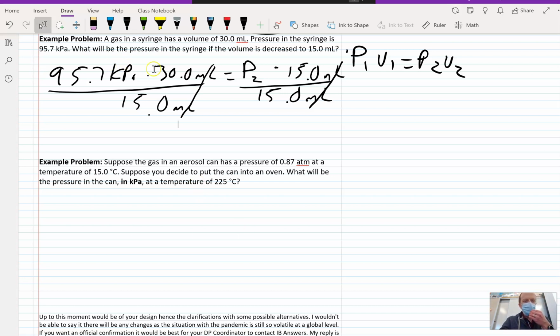So it's just 95.7 times 30 divided by 15. You get about 191.4, I believe. 3 sig figs is what we should have. So if we want a perfect answer, it's going to be 191.